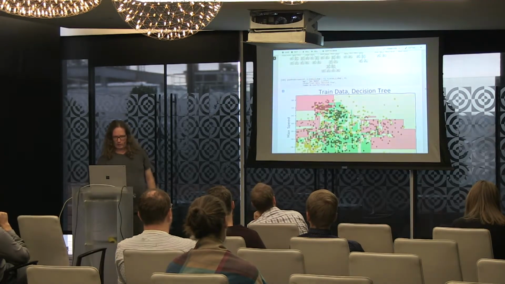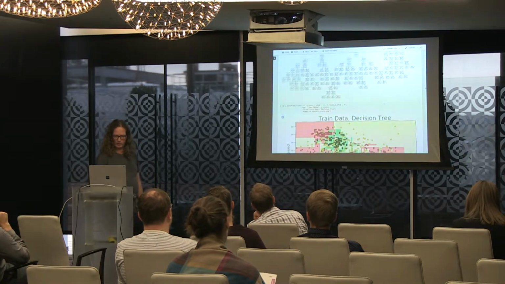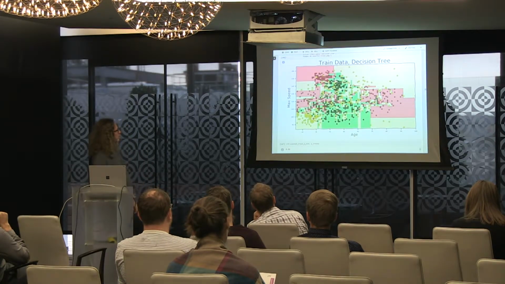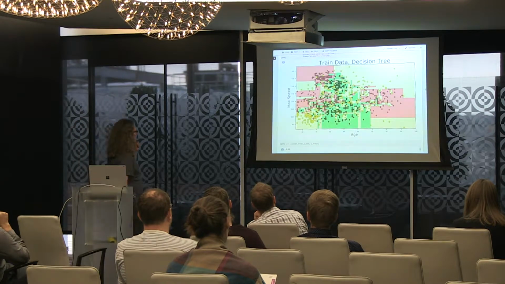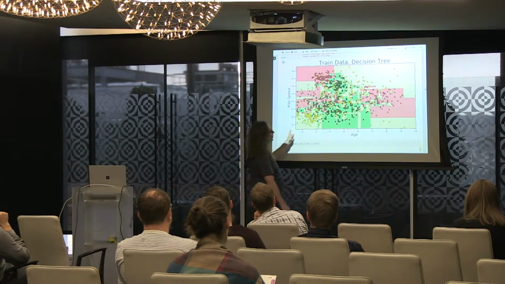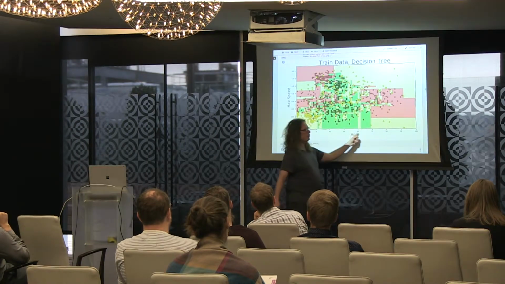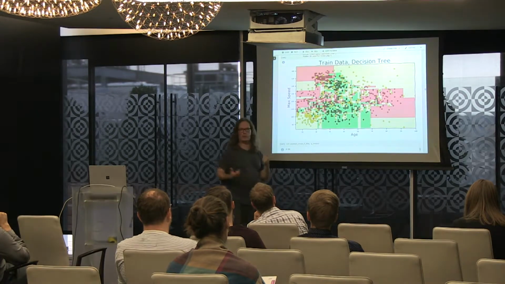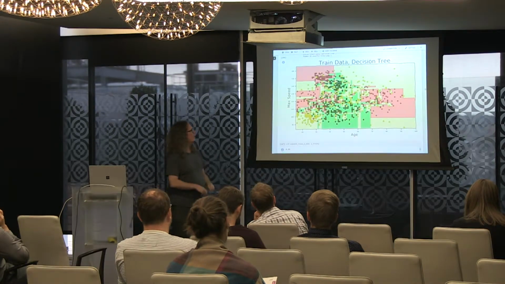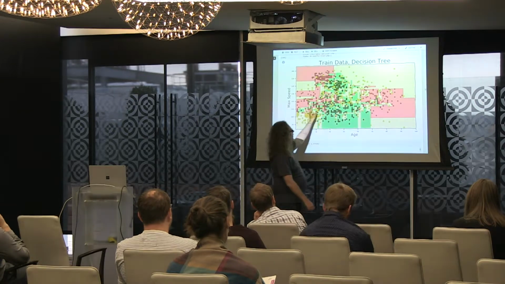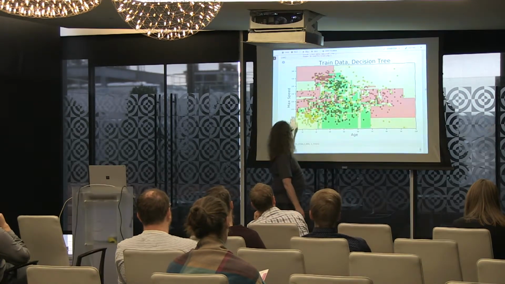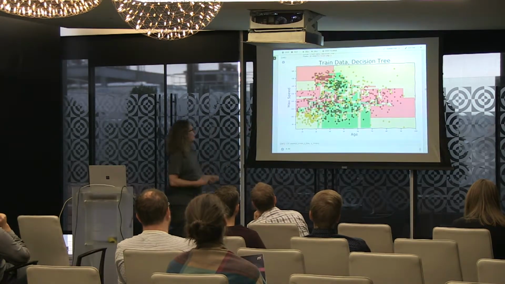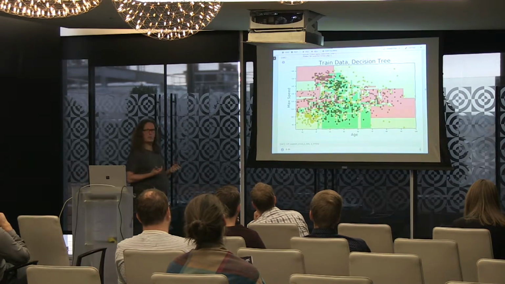So let's see. I think this is our first try. It looks like this. As I said, these plots you rarely get in real life because you always have more than 2 variables. But in this case, you see all these blocks. These blocks are there because of the nature of decision trees.